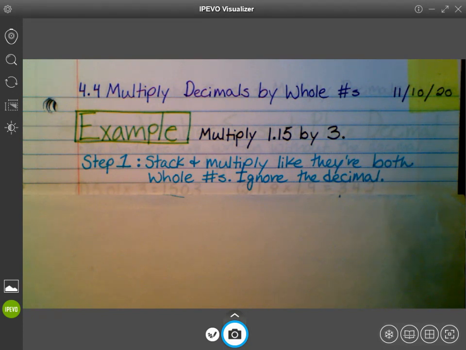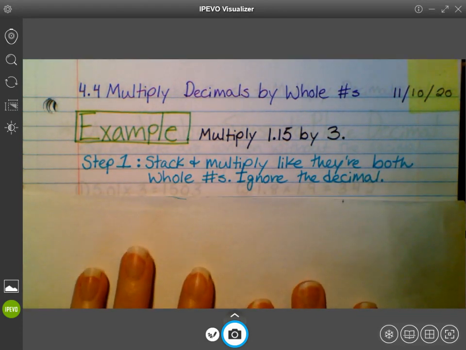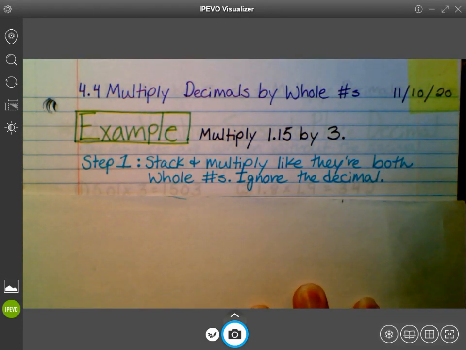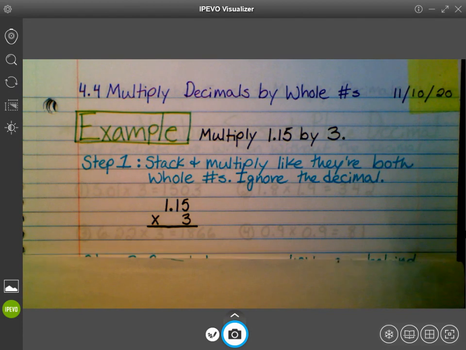Yes, I purposely asked that question, and I was hoping you'd say 3, Mackenzie, so I could explain that. So thank you. Okay, so our step 1 is to stack and multiply like they're both whole numbers, and we're supposed to ignore the decimal to start. So if we do that, we're writing it just like we normally would if they were whole numbers.